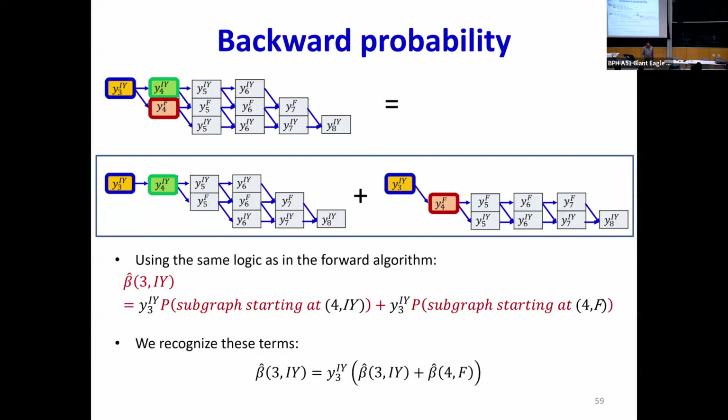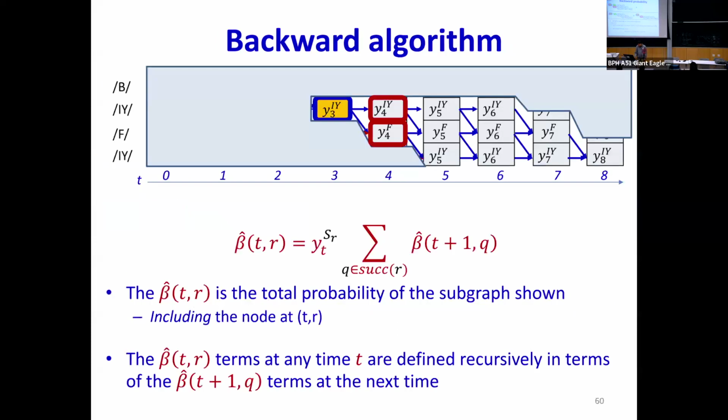So, yes? Should that be beta hat 4E inside the bracket over there? For which one here? Let's see, that's 4F, right? Yeah, the first one is 4E, I'm sorry, you're right. The first one's 4E, right? So I can generally write this as so.